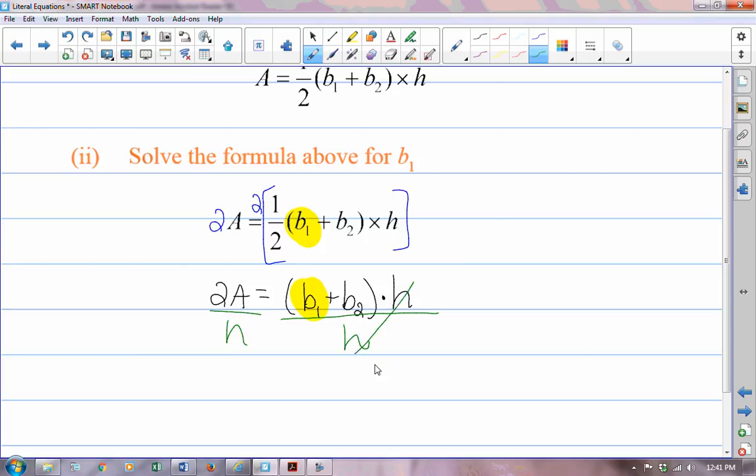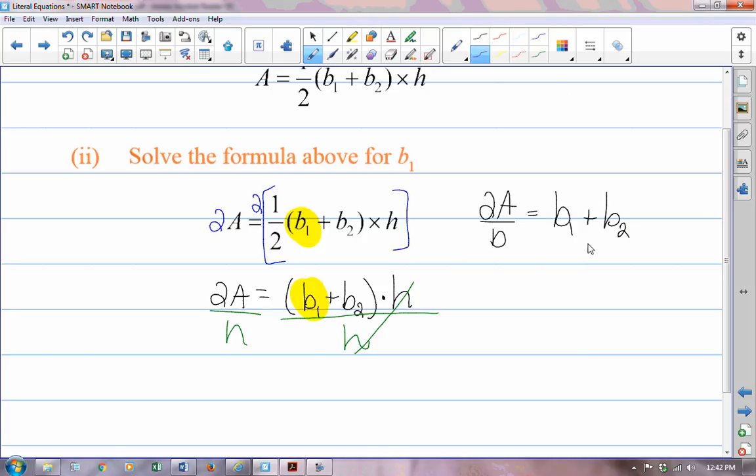The h's disappear, so we're left with 2a over h is equal to, now there's nothing left with the parentheses. It's just the b sub 1 plus the b sub 2. So the parentheses can now fall away. So we'll have b sub 1 plus b sub 2.